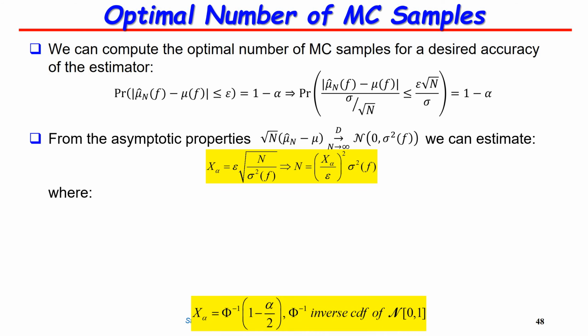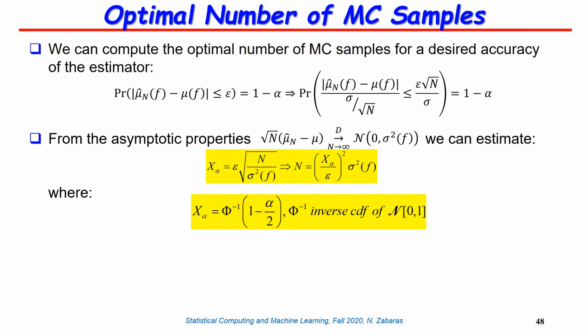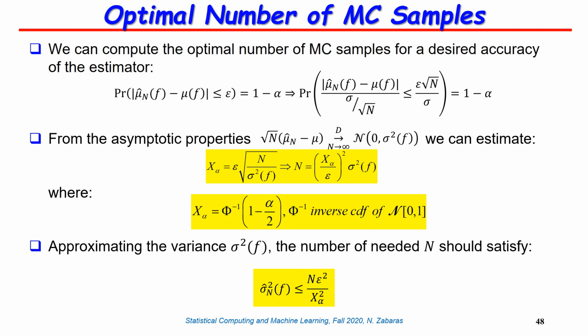So at the end of the day, it turns out that the number of samples that you will need to have this probability being less than epsilon, for a given epsilon, to be 1 minus alpha, the number of samples will have to be greater or equal to an approximation of the variance of f. I put this approximation with a hat here because I am going to use samples, as you saw before, to do the evaluation.